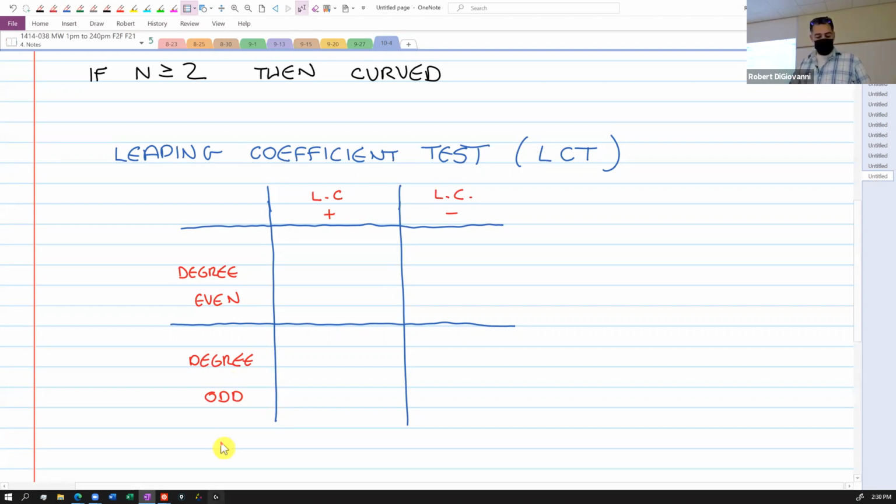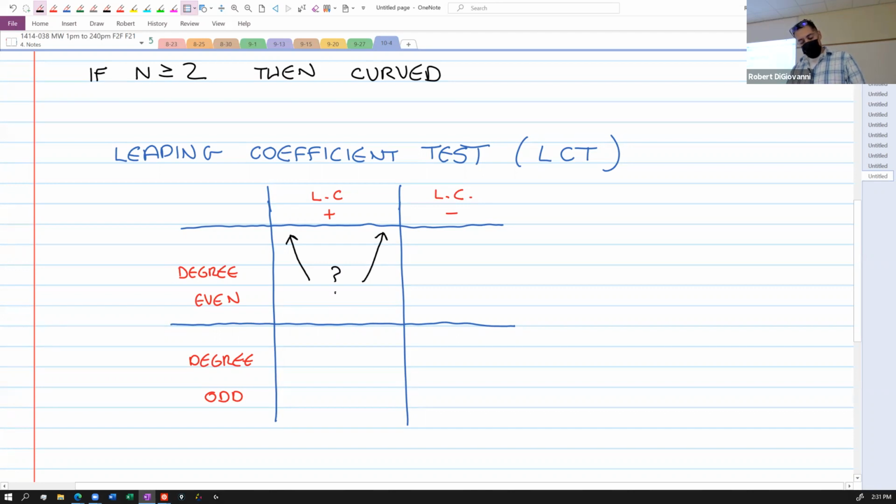So if your degree is even, you're going to look across this row. If your degree is odd, you're going to look across here. If your leading coefficient is positive, you look down this column. Leading coefficient is negative, you look down this column. So here's what happens. If your degree is even and your leading coefficient is positive, the left side of your polynomial will go up, and the right side of your polynomial guaranteed will go up.